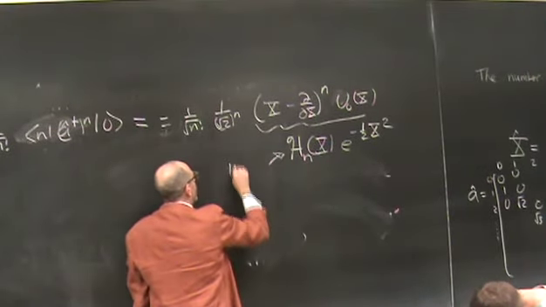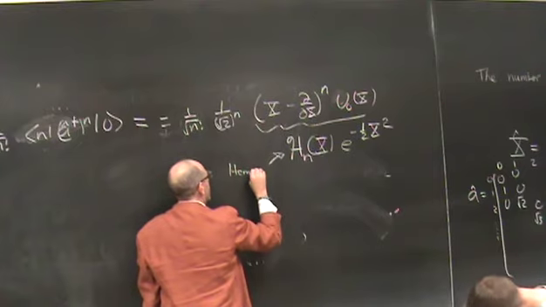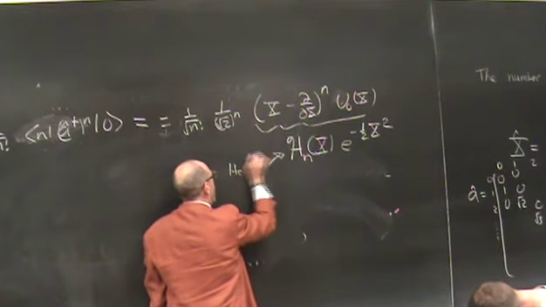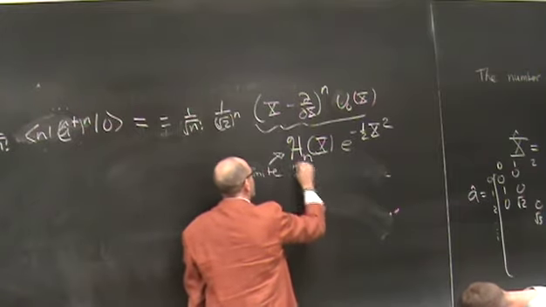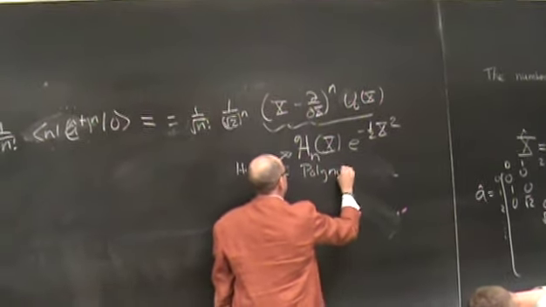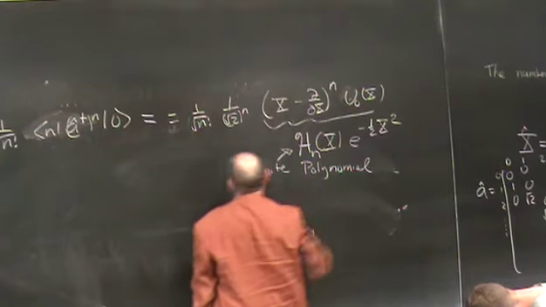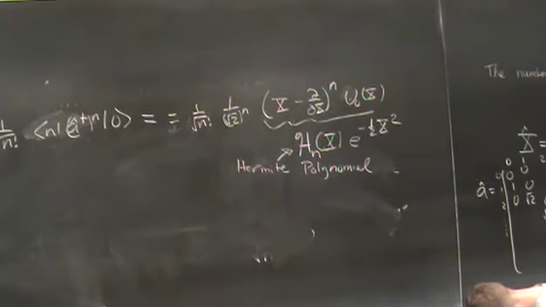And these polynomials have a name. They're called the Hermite polynomials. I have to double check the facts because the Hermite polynomials have a certain factor in front.